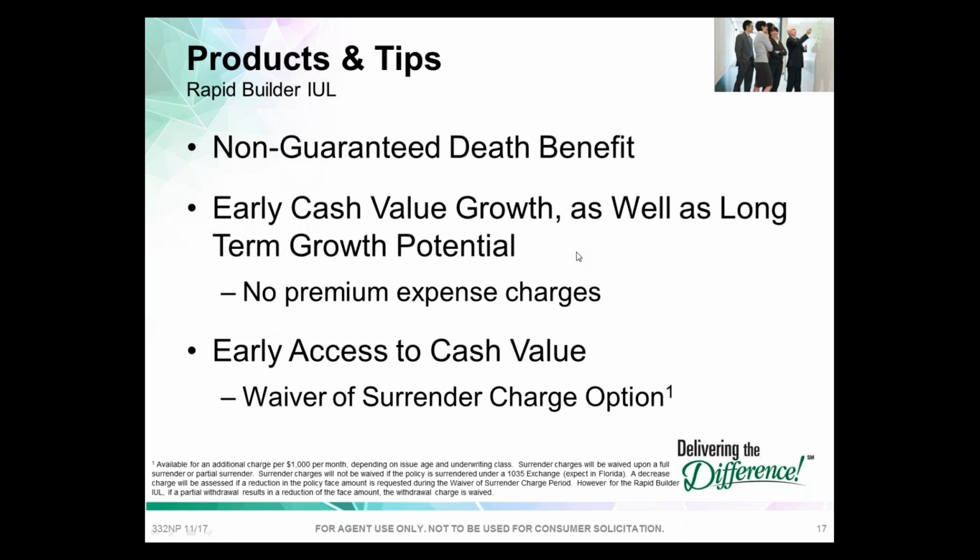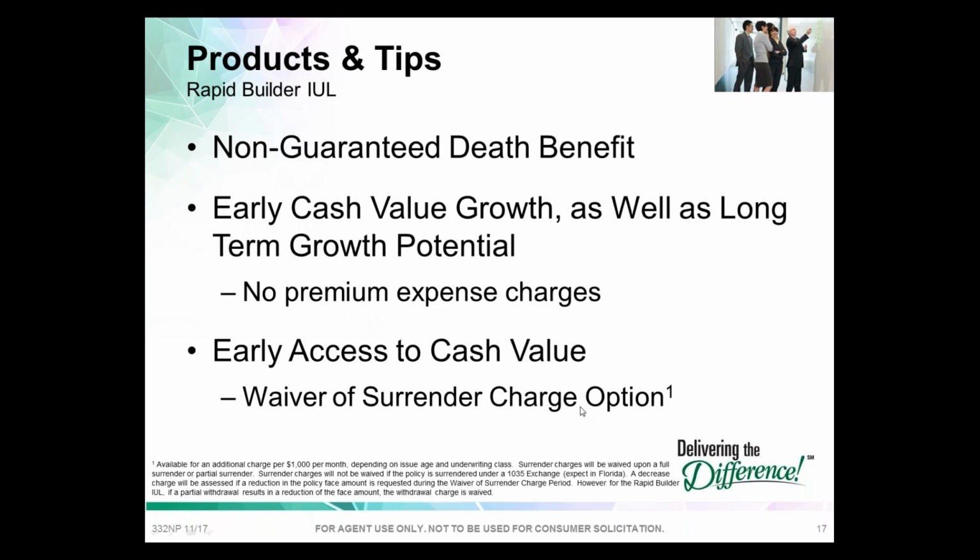This is early, quick access to cash value. One of the ways that it can get early cash value growth is that there are no premium expense loads on this product. So you're not starting 5 or 6 or 7 percent in the hole because of a premium load. So no premium loads means early cash value growth.